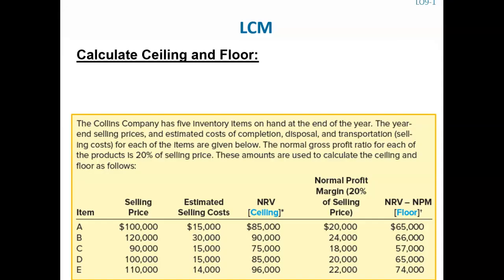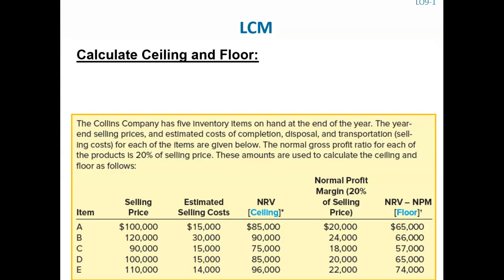First, we need to calculate the ceiling and the floor for each item of inventory. Here is an example. The Collins Company has 5 items of inventory on hand at the end of the year.